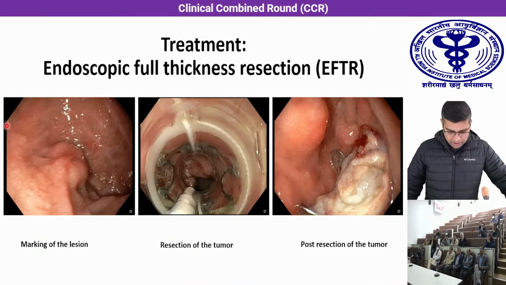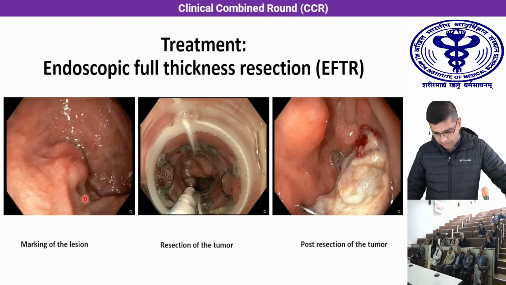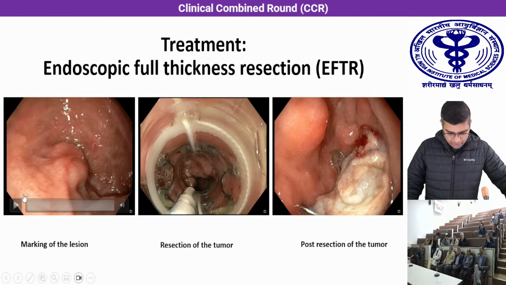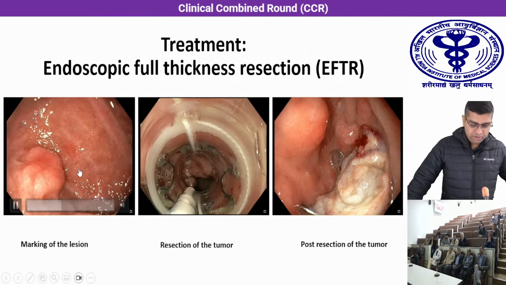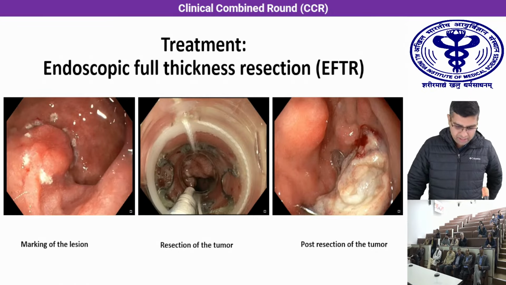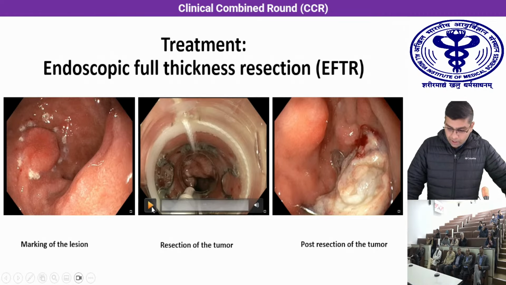So, the videography of the methodology. First off, we did the marking of the lesion so that at the time of application of the device, we have a better marking available.